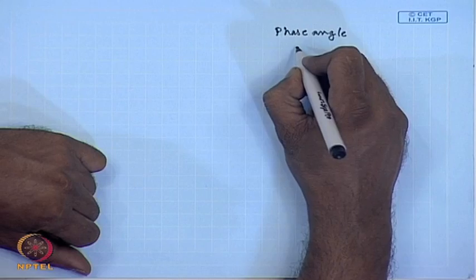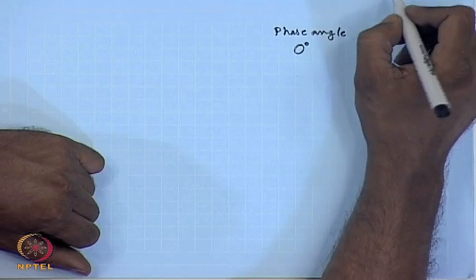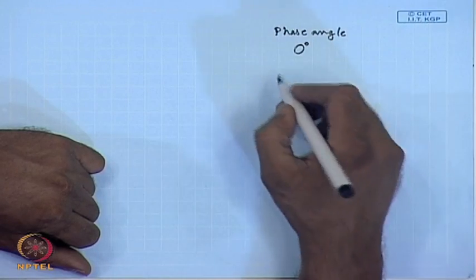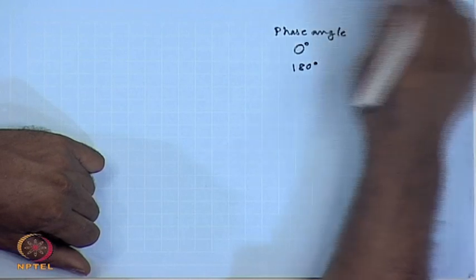Now, for this phase angle, there are two conventions of specifying it. Before we talk about the convention, let us assume what kind of phase angles are possible. There are four types of phase angle that are normally possible. The phase angles can be either 0 degree, that is the line to neutral voltage phasors of both sides may be co-phasor, or 180 degree, that is they may be opposite in phase.